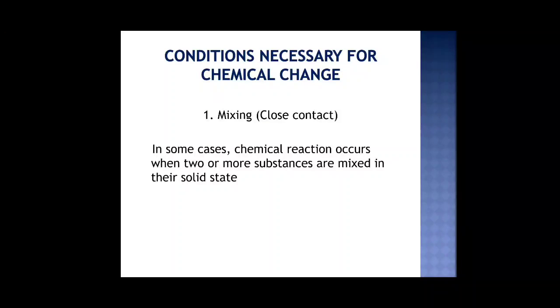The first condition is mixing or close contact. Here we see that if they are in solid states and are brought in close contact, a chemical reaction can also take place. For example, if iodine and phosphorus react, they react explosively when they are brought in close contact. You may also see examples given in the textbook. Now let us see the next condition.